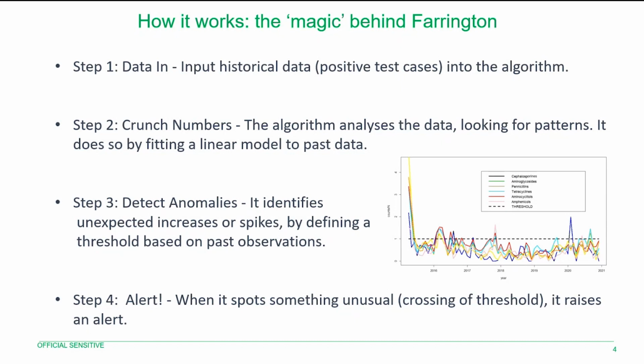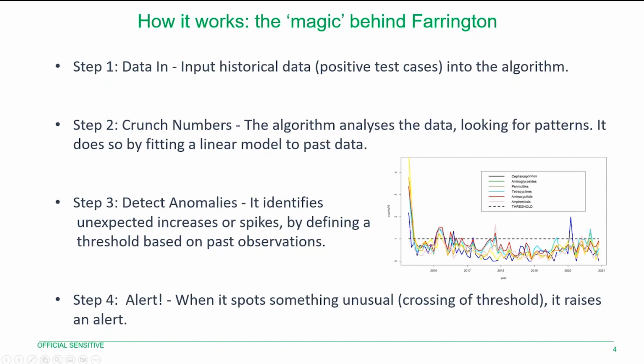And then in step 3, it detects anomalies. So it identifies unexpected increases or spikes in the number of positive tests. And this is done essentially by defining a threshold based on past observation. In this figure on the right, a typical output given by the algorithm is shown.